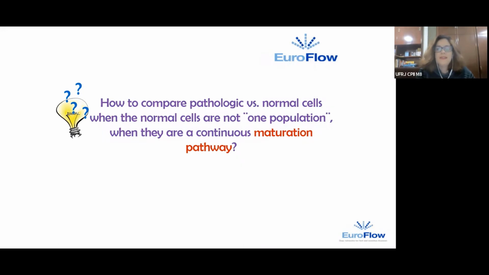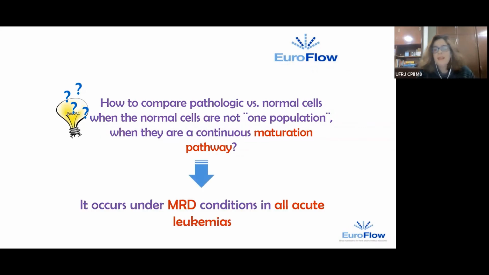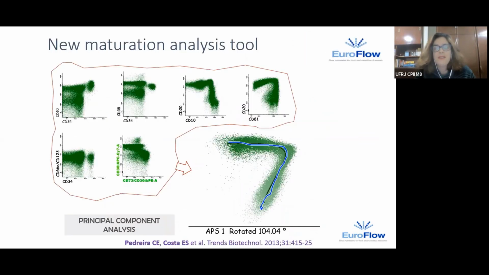But we have talked about maturation as a continuous pathway. So it occurs under MRD conditions in all acute leukemias. So we have also studied the principal component analysis to reduce dimensions in pathways, for instance, BCP maturation, but it could be, for instance, for myeloid populations, as neutrophil differentiation and so on.